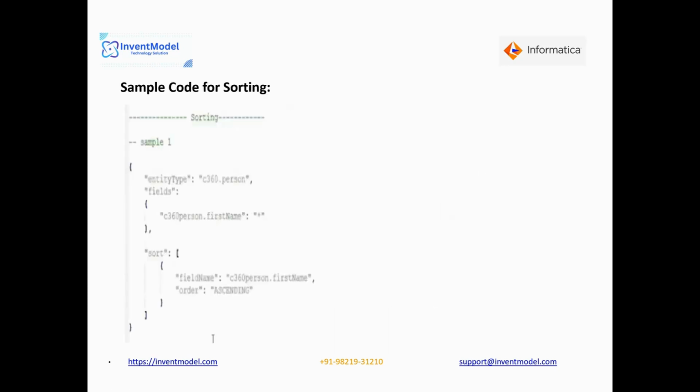Yeah. So we have one sample code for the sorting. Here we can see the body of our POST search request. We provide the entity type, which is an out-of-the-box entity, C360.person. Then in the fields, we provide the name of the field, like C360 persons dot first name.